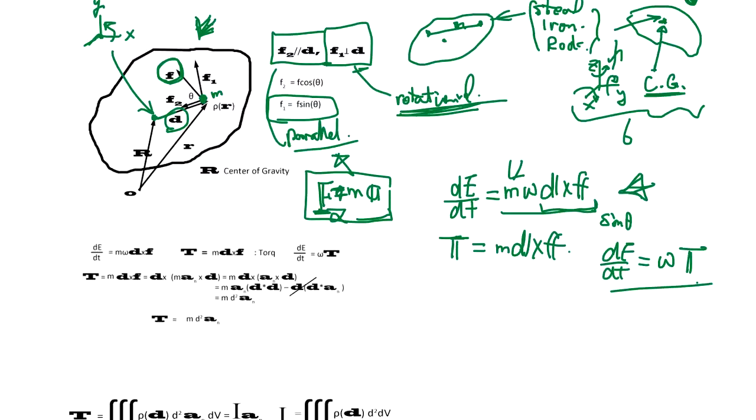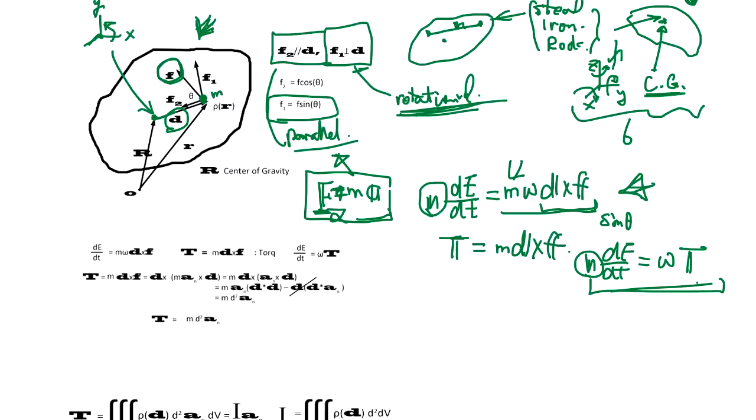Now we are ignoring something here. We have to put in the vector which is coming out from the screen to be consistent in the equation.